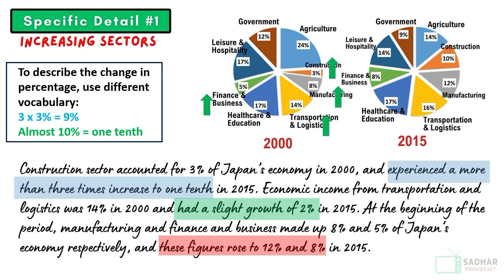So 3 times 3% is 9%, which is almost 10%. And then I put 1/10, which means 10%, almost 10%, almost 1/10, just very good as a variation.